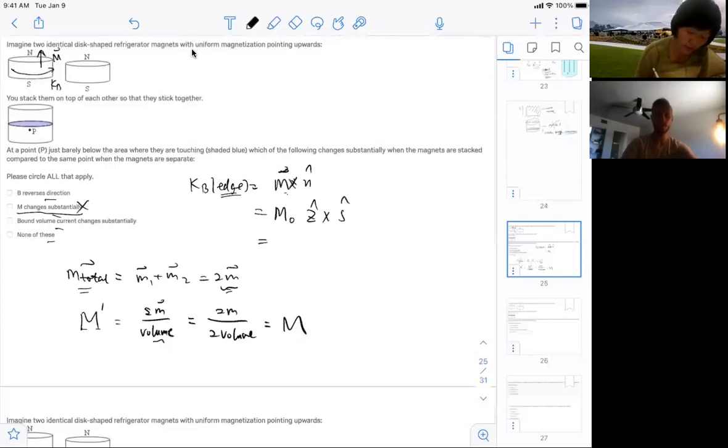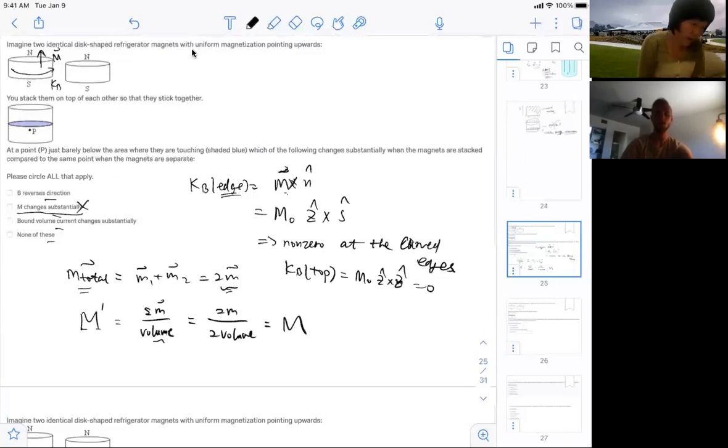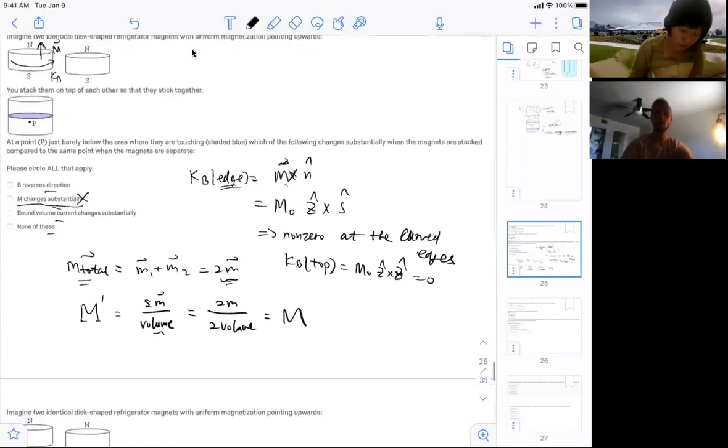So this is non-zero at the side, at the curved edges, but it is 0 at the top and the bottom. So K bound at the top or the bottom is M naught z cross z, which is 0. You can see that because your M doesn't change, your bound current should also not change substantially. So these two are wrong.